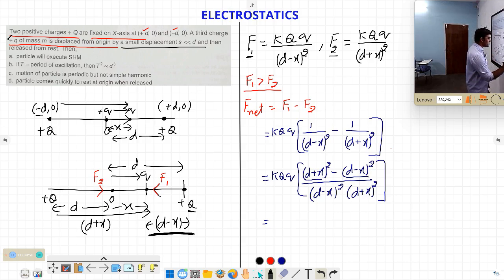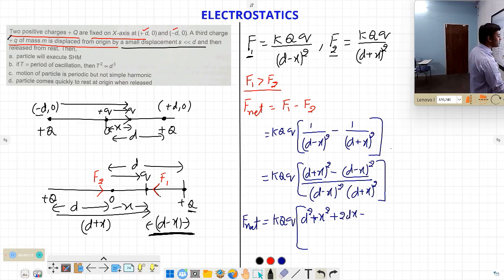So if you solve this one, F net is equal to k into capital Q small q into d square plus x square plus 2dx minus d square minus x square plus 2dx, total divided by a minus b whole square, a plus b whole square.